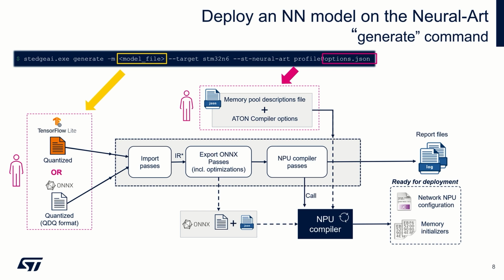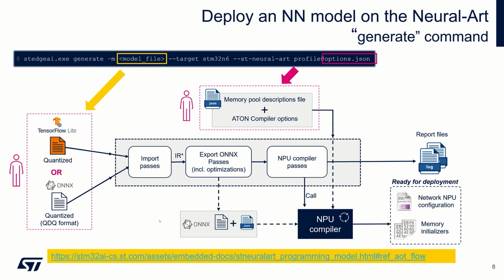Just to be aware, there is also an internal ONNX file representation, because this is the first pass of the compiler to optimize the layers of the model, creating an intermediate ONNX file. And then there is a second pass of the compiler to compile this intermediate ONNX file into C code. The detailed documentation can be found under this link.